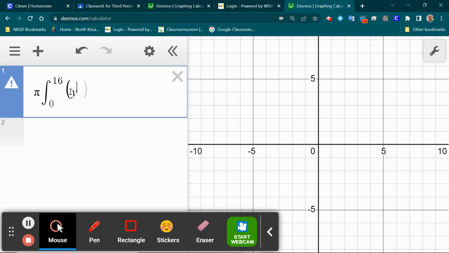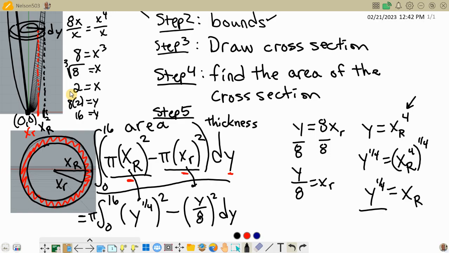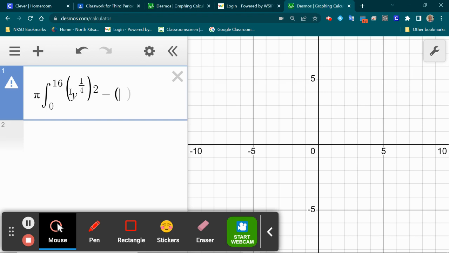Y to the 1/4 power. And then we want to square that stuff. And then we're going to subtract. What was the rest of it? Y over 8. Y divided by 8. And then we want to square that stuff. And then we want dy.